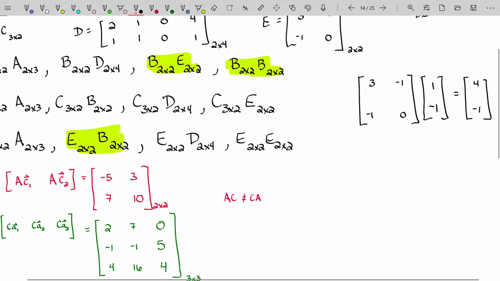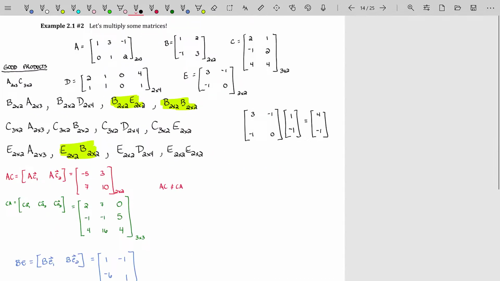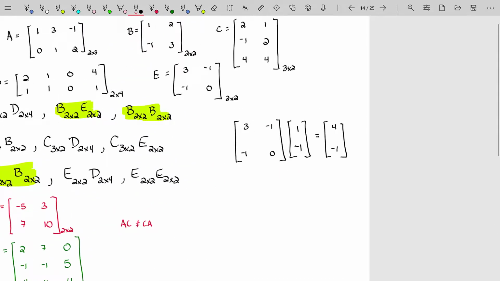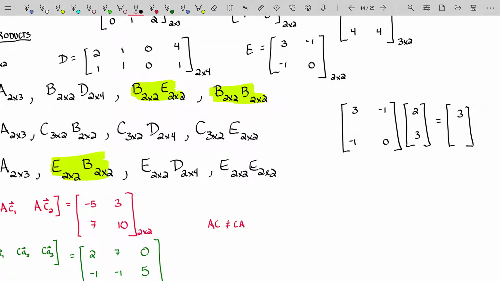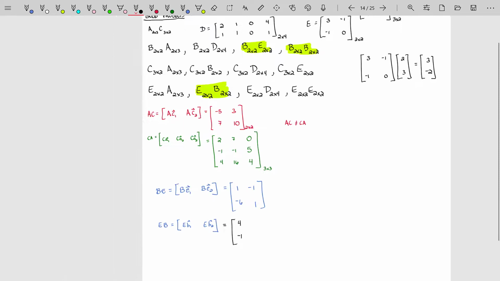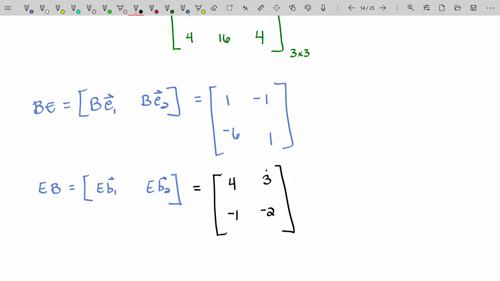We have 4, -1, and now we'll multiply by the second column of B. 3, -2. So BE is the blue matrix and EB is the black matrix. They're both 2x2s, but they're definitely not the same matrices. So again, great justification that commutativity in general is not going to hold with matrix multiplication.